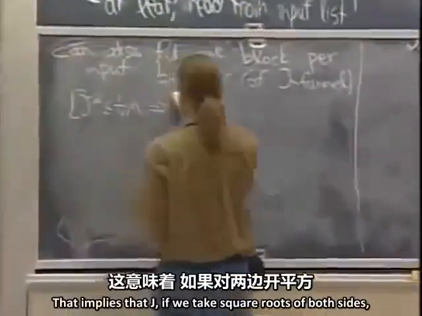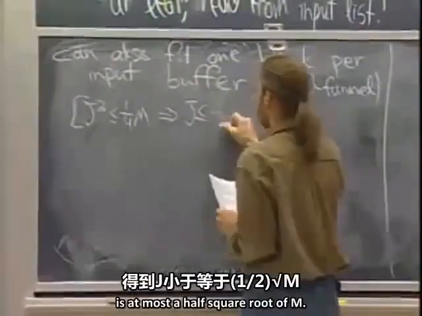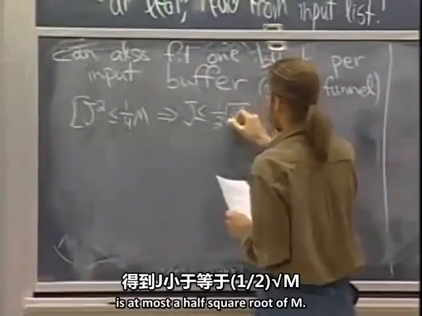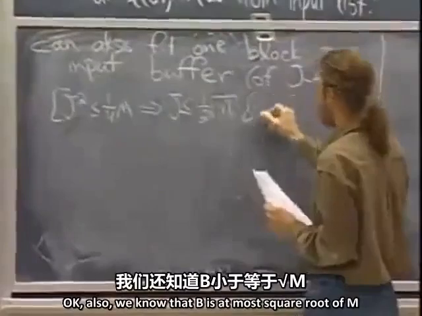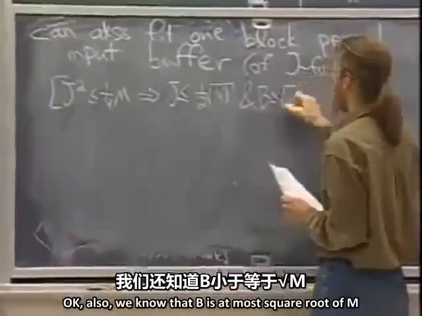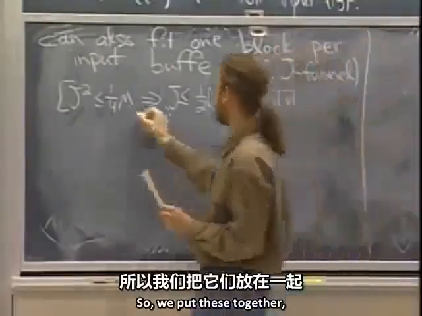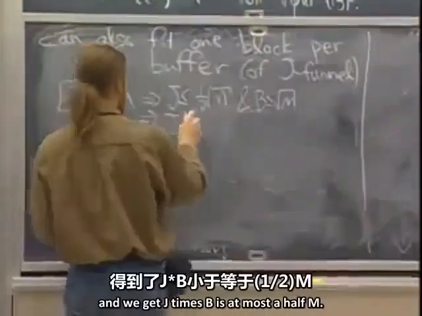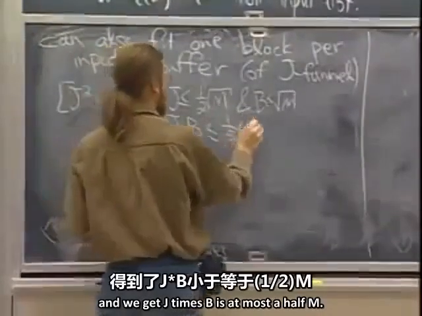That implies that J, if we take square roots of both sides, is at most 1/2 square root of m. Also, we know that B is at most square root of m, because m is at least B squared. So we put these together, and we get J times B is at most 1/2 m.